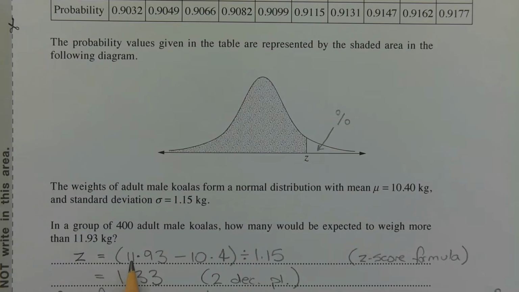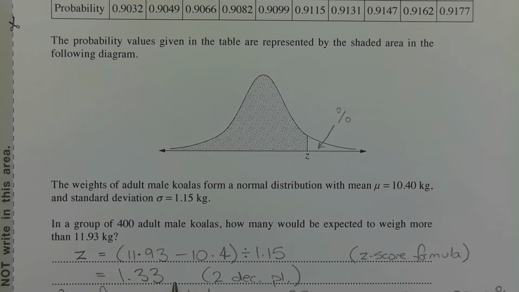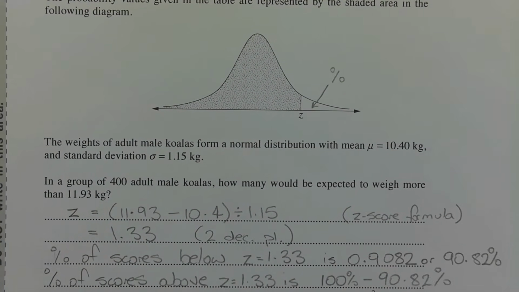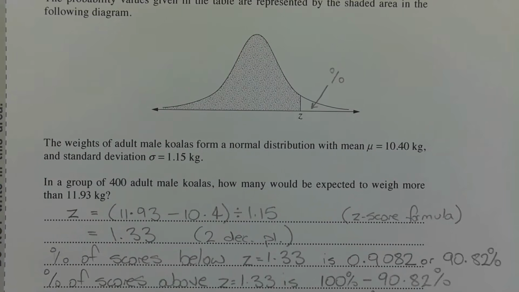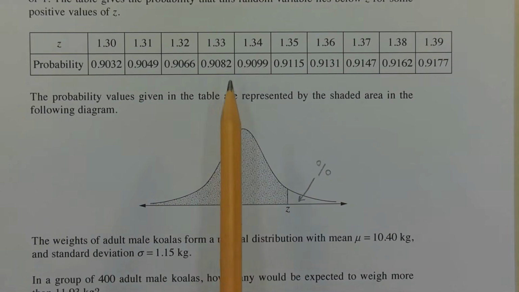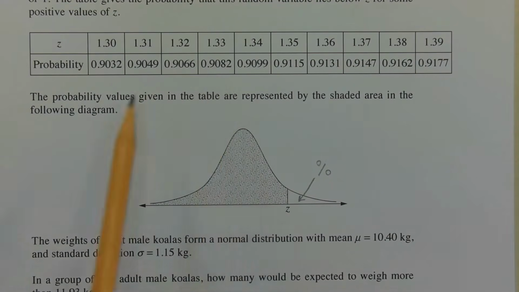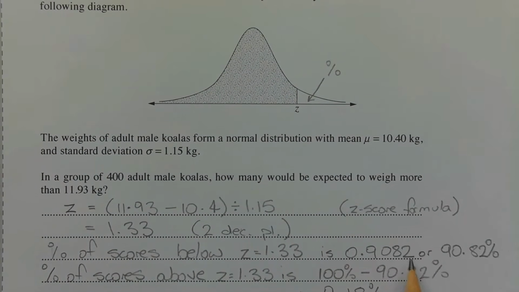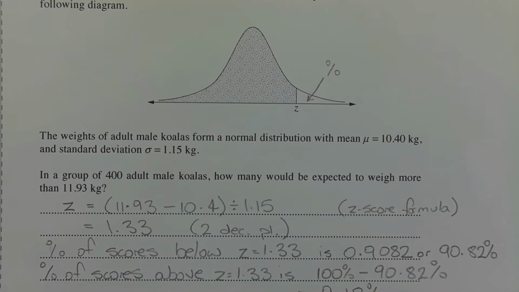Z is equal to 11.93 minus 10.4 in brackets divided by 1.15, and that equals 1.33, correct to 2 decimal places. Now, using the table of Z scores, the percentage or proportion of scores that lie below Z equals 1.33, so that's this value here, is 0.9082 or 90.82%.